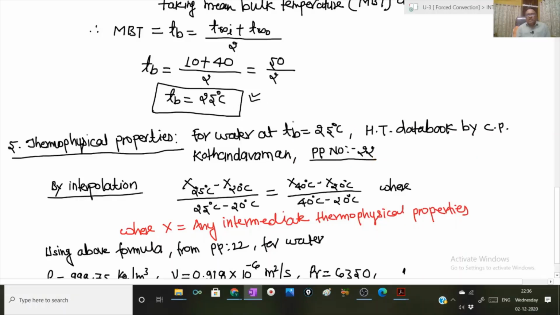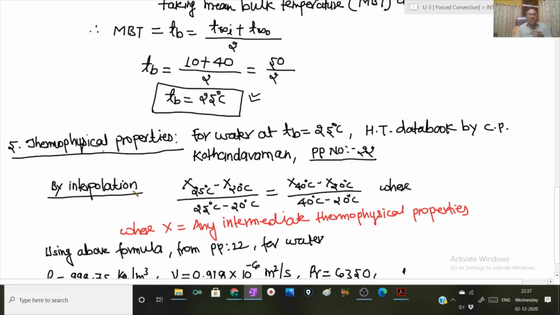From this table, we can find the thermophysical properties at 25 degrees Celsius. Many times, thermophysical properties at such intermediate temperatures are not given, so we need to do interpolations.